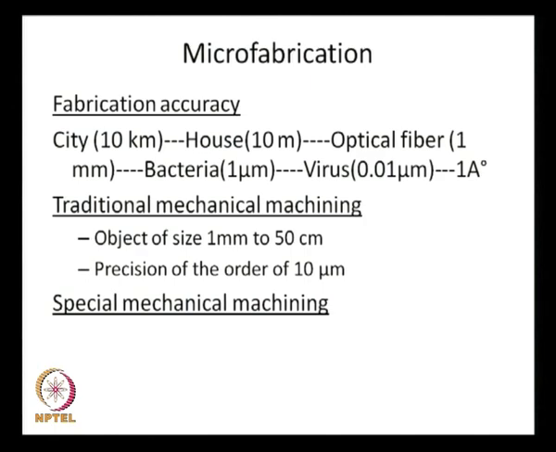If you go to a workshop, to a lathe machine, these are the typical objects they have, and precision of the order of 10 micrometer. It depends on what type of machine you have, but if you go by the route of mechanical machining, typically that is the best precision that you can have.